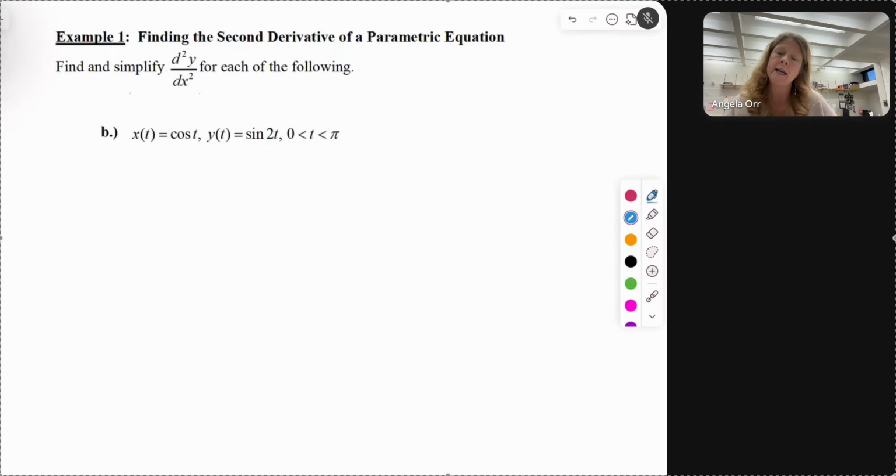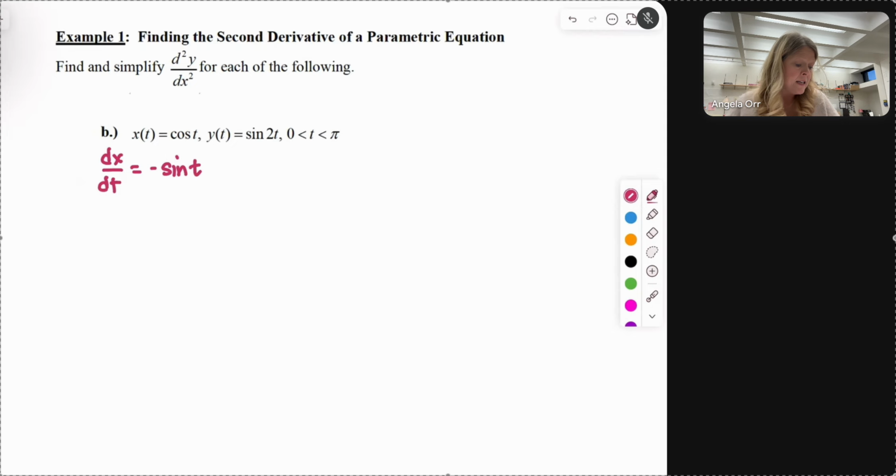We're going to take a look at another example of finding the second derivative of a parametric equation. Here I have x of t equals cosine of t and y of t equals sine of 2t. To start, I'm going to first figure out what dx dt is. The derivative of cosine of t is going to be negative sine of t.